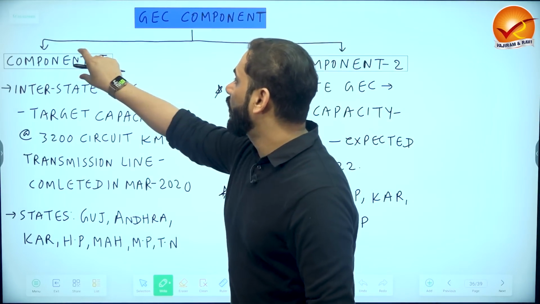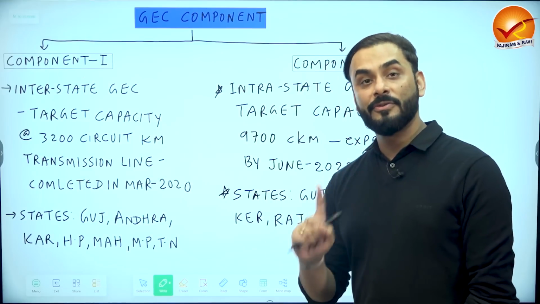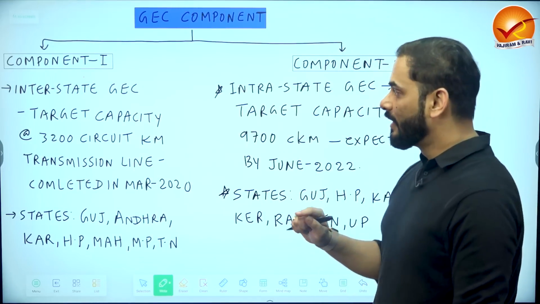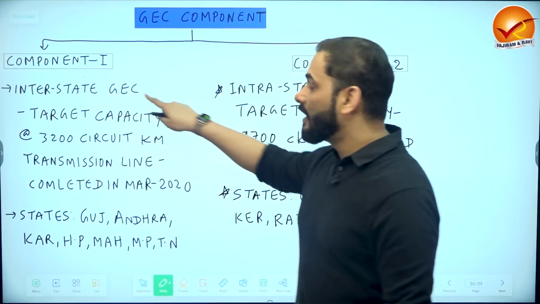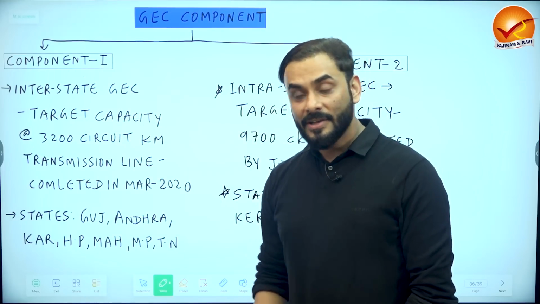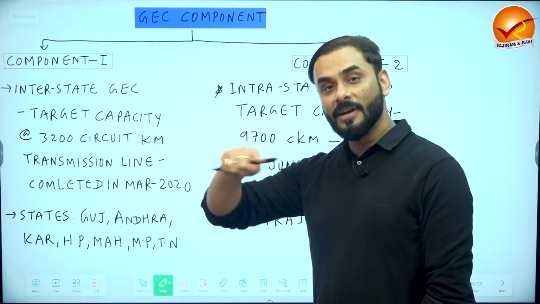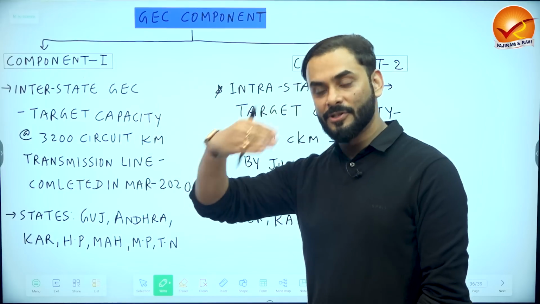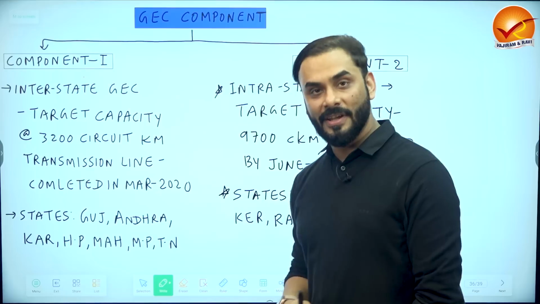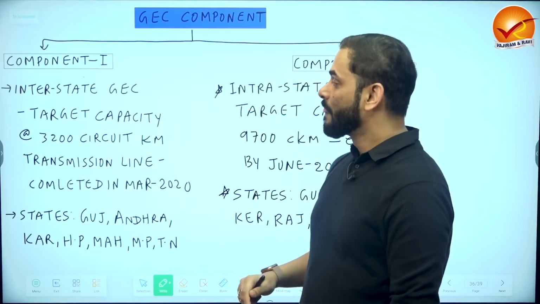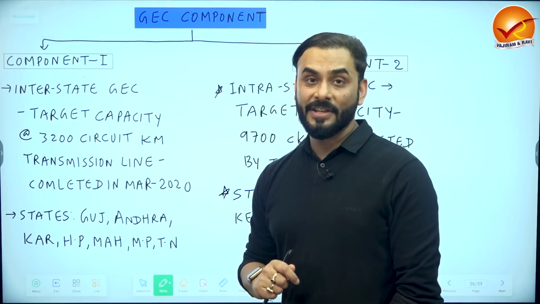Green energy corridor has two components, component 1 and 2. In component 1, there is the interstate green energy corridor. Interstate would mean that the green energy corridor covers more than one state: state 1, state 2, state 3, right? What is the target under the interstate green energy corridor?